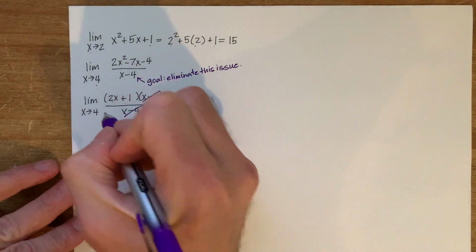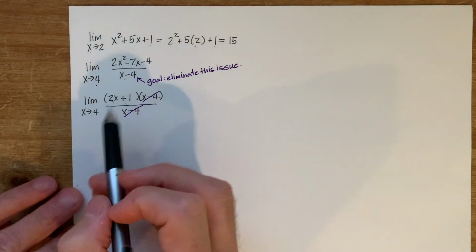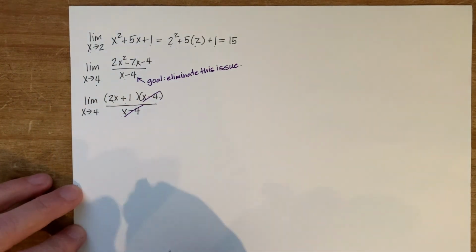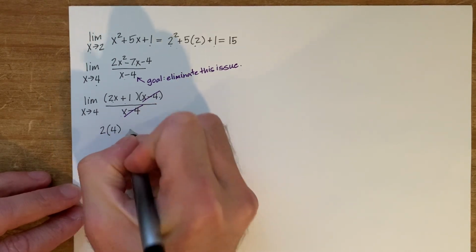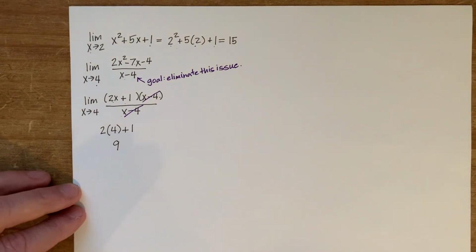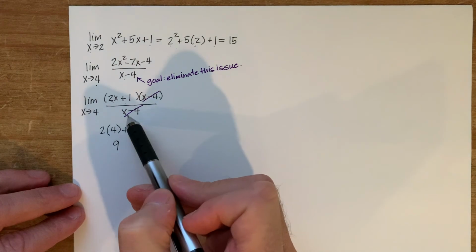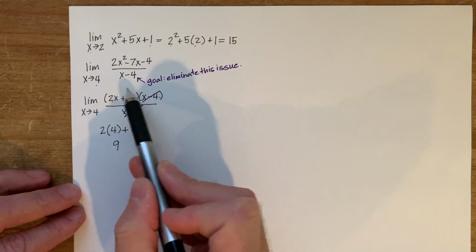So when we get to this point, we're now evaluating the limit, and when we're evaluating the limit, we don't write that notation out front anymore. We can put the 4 in, so we've got 2 times 4 plus 1, and we find that our limit in this situation is 9. So again, that's saying that once I eliminate that factor, I can see that this function is going to act just like 2x plus 1.